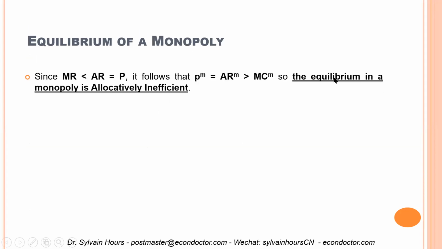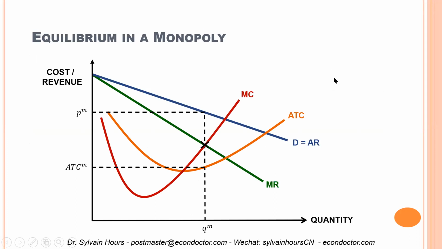What about efficiency? Do we achieve economic efficiency in this equilibrium? First, let's start with productive efficiency. Remember that in order to determine whether or not we achieve productive efficiency, the only thing that we have to do is to look at whether the business produces at minimum average total cost, produces the quantity of output at which the ATC curve is minimum.